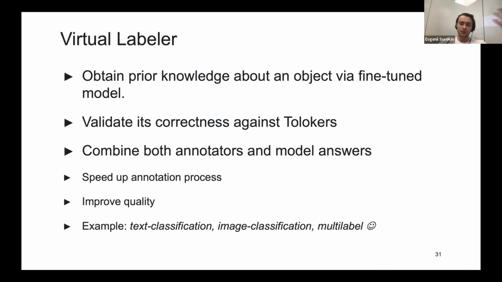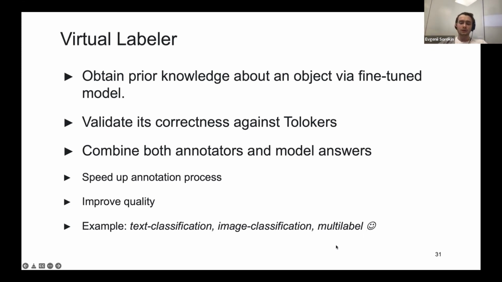So we will end up with a skill of some value, and we can use it in aggregation. Combine both annotators and model answers and see what happens. It ends up that it speeds up the annotation process and improves the quality. It works well for all of the cases that are listed here.